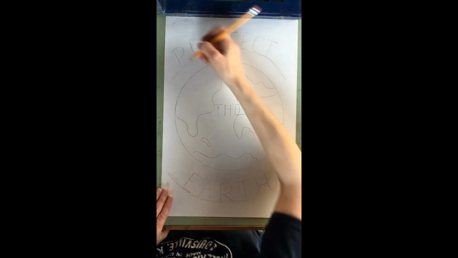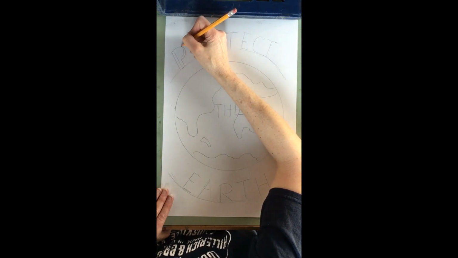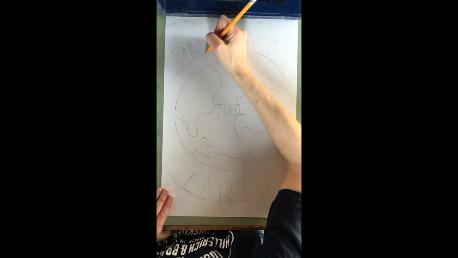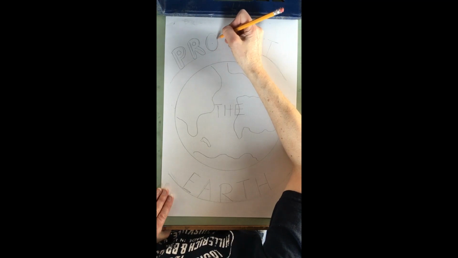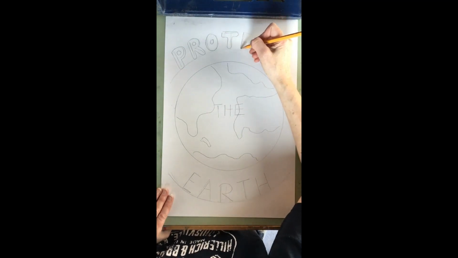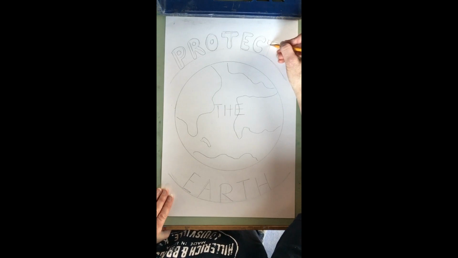If you'd like to do a bubble letter, you can just trace lightly around the pencil line that you did to make your letters a little bit thicker or wider. Remember to draw lightly so that if you have to erase anything, you can fix that.